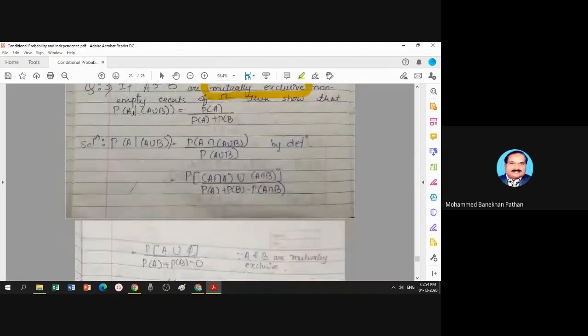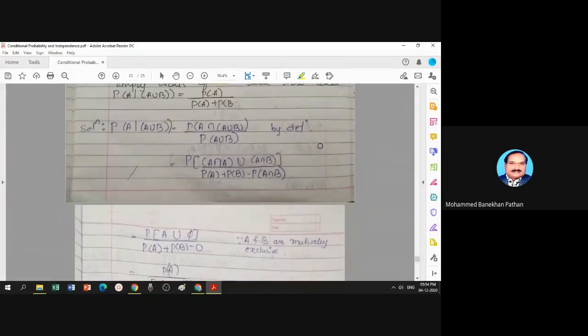Let us see how to prove the statement. Probability of A given A union B equals probability of A intersection the given event, divided by probability of the given event. That is the definition of conditional probability. I use the distributive law.